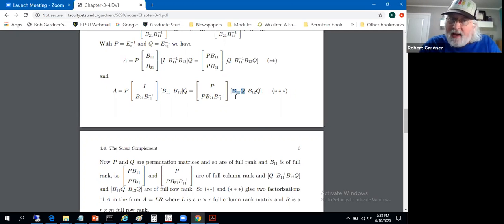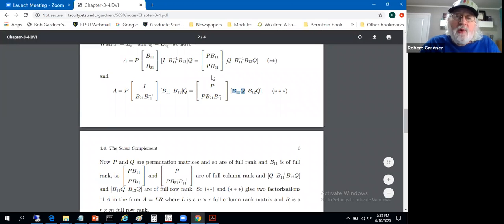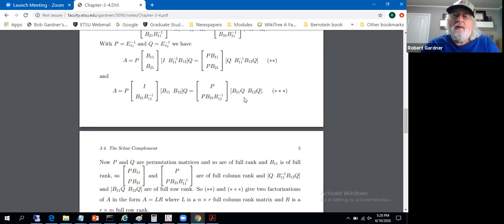So now I want to talk about row rank for the partition matrices. This partition matrix is full row rank, and this partition matrix is full row rank. So we have full column rank here, full row rank here, full column rank here, full row rank there. That's where we were going as a goal in terms of that manipulation of those partition matrices.